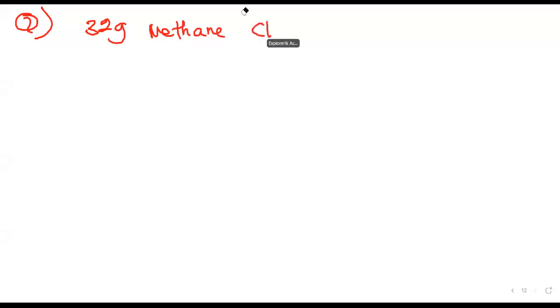32 grams of methane. I'm not going to give you anything. I'm going to wait and see what you do. Okay. Question. 32 grams of methane, and that is CH4. So then I'll give you the carbon's relative atomic mass, that is 12.